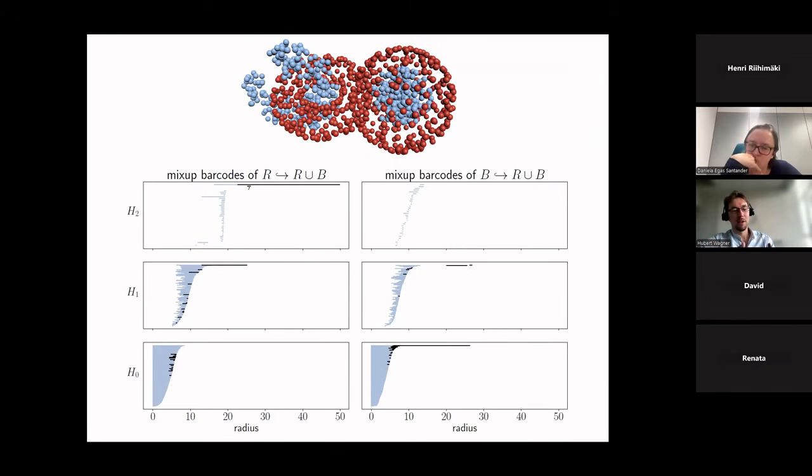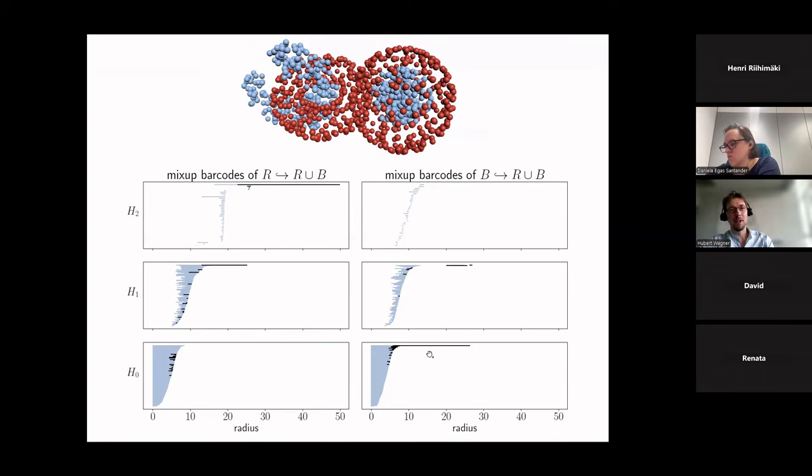So something is changing in terms of how the blue connected components merge. And this makes sense because here we have those two prominent separate connected components. And when we include the red points this time, then they will connect much sooner. So this long bar here detects this.